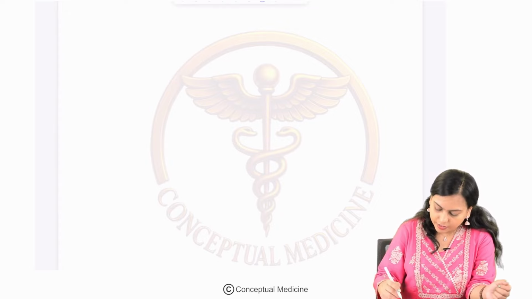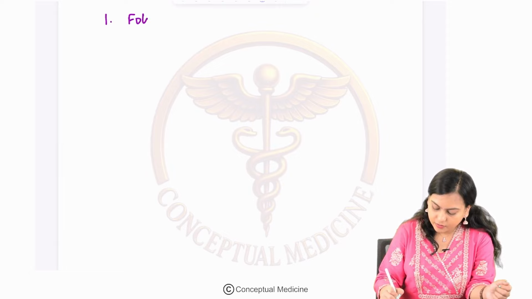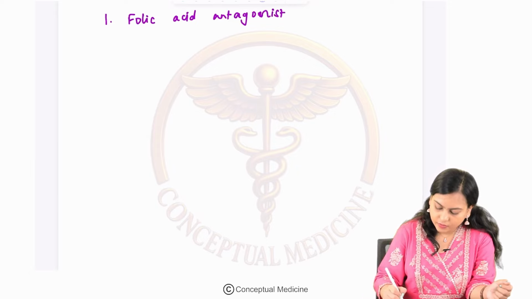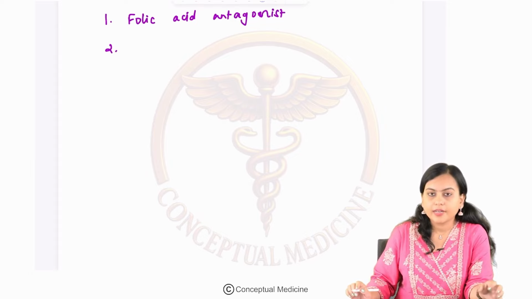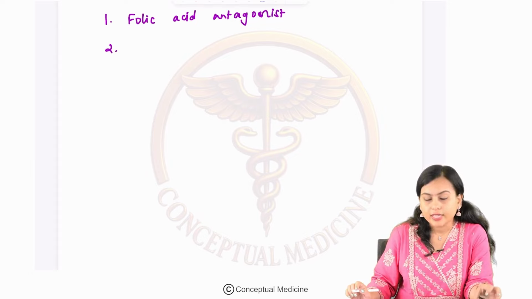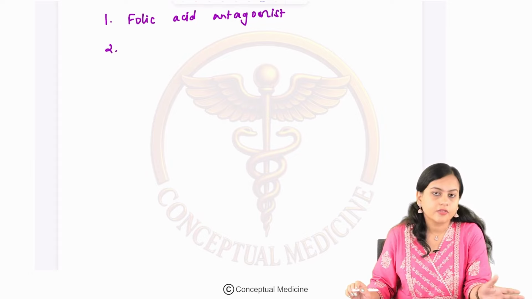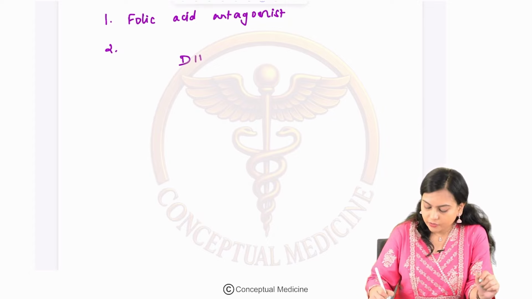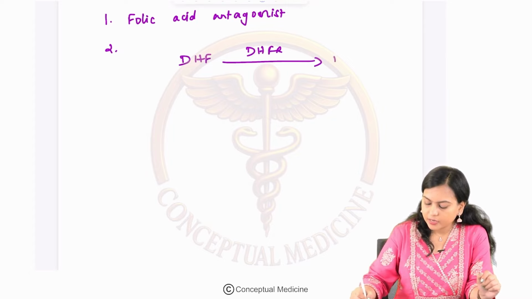See, methotrexate is a folic acid antagonist. Okay. So, it will be binding to dihydrofolate reductase and it will be blocking the conversion of dihydrofolate to tetrahydrofolate. Okay. So, dihydrofolate is converted into tetrahydrofolate by dihydrofolate reductase.